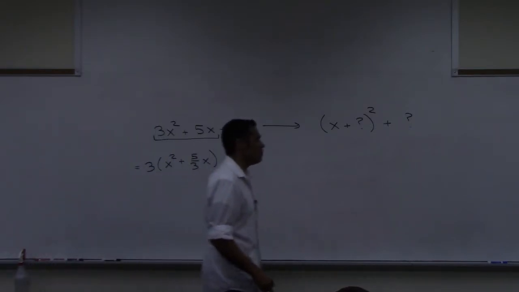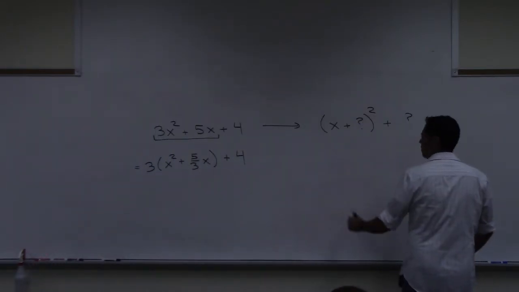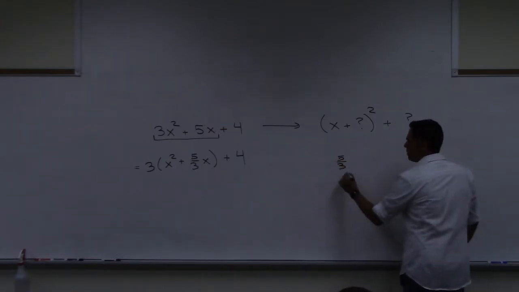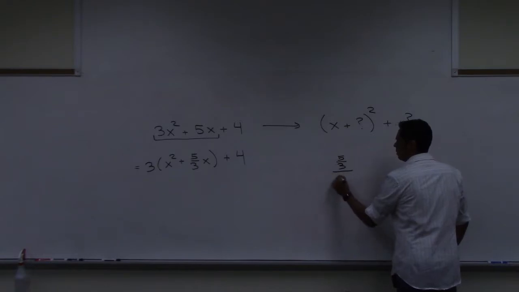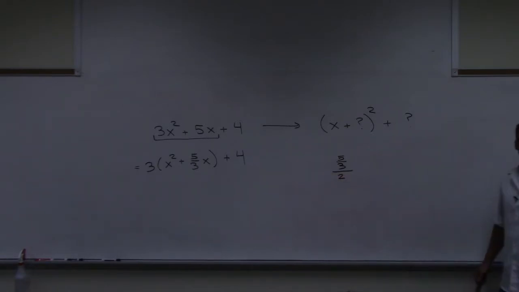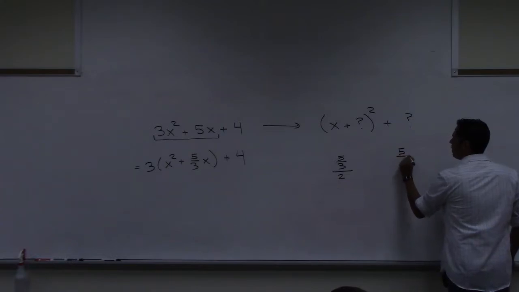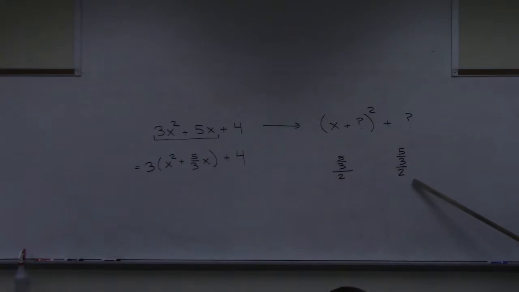So I'm going to take the number in front of x, which is 5/3, and I'm going to divide it by 2, which is the same as multiplying by a half. Boy, and you know what? I've kind of opened a can of worms here. What is this? This is what I call bad notation. This is horrible notation.